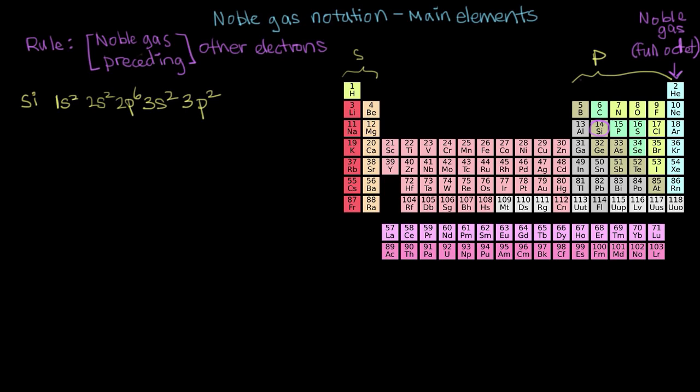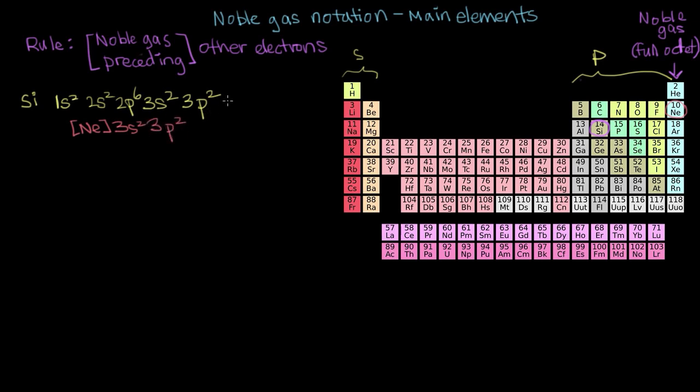Now we can write it out using noble gas notation and compare. The noble gas immediately preceding silicon, if we go up a row and then move over, is neon. So we write neon in brackets. The other electrons are the ones that come after neon, so the electrons that aren't included in neon would be our 3s2 electrons and the 3p2 electrons.